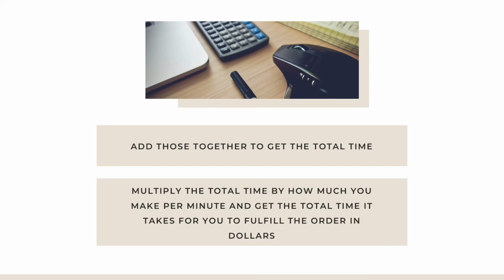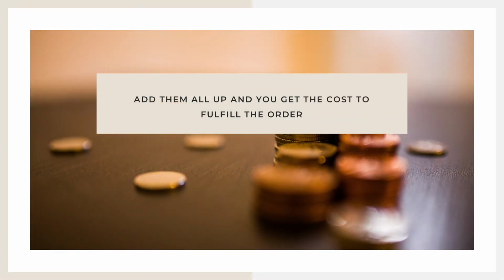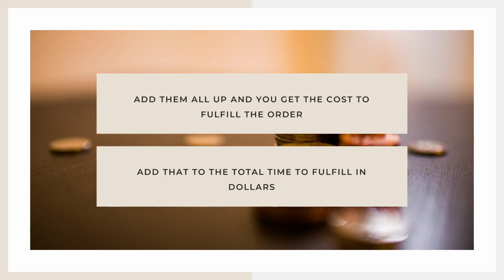Multiply the total time by how much you make per minute to get the total time it takes for you to fulfill your order in dollars. What are the costs associated with getting the product in the client's hand? Add them all up to get your cost to fulfill the order. Add that to the total time to fulfill in dollars.